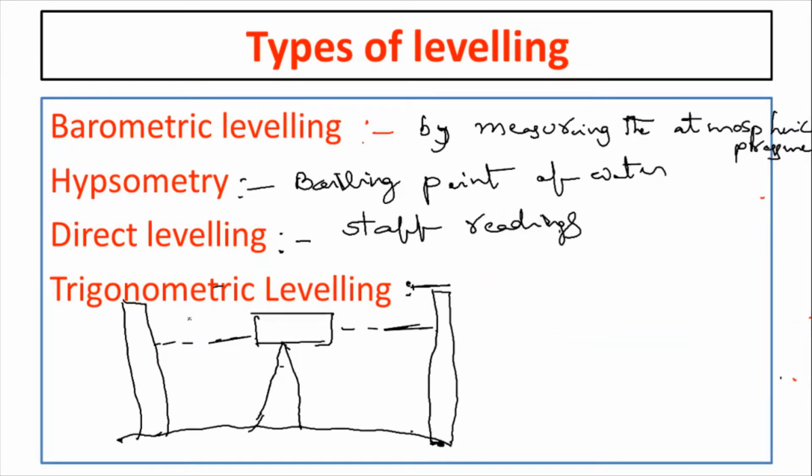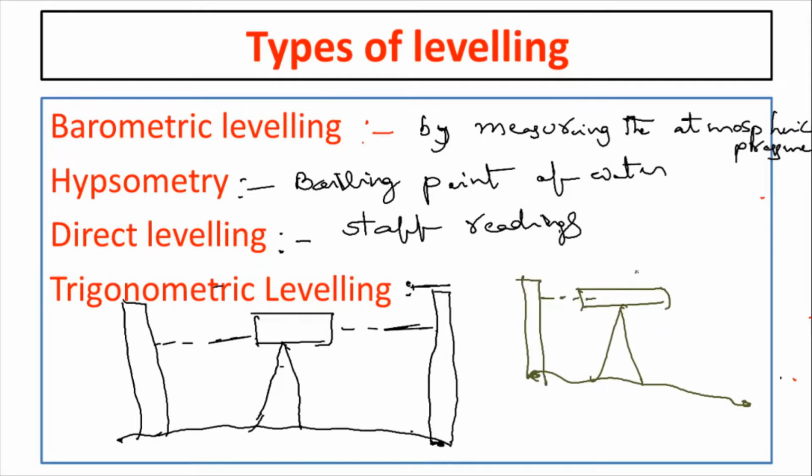So the next one is trigonometric leveling. Here, suppose two points are there, and this point is nearer. First we take the staff reading at the nearer point. At the other point we do not take a staff reading.